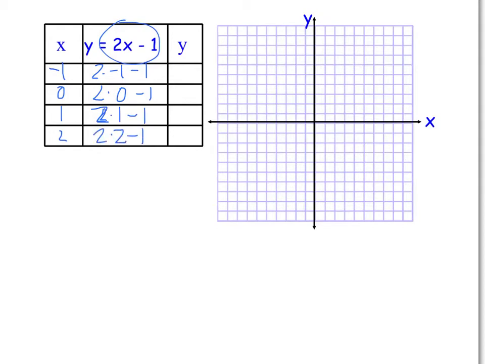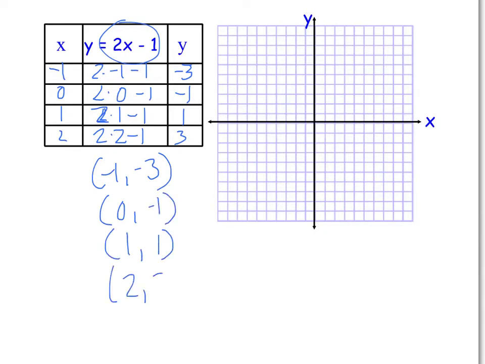So I'm going to do each problem. I get negative 2 minus 1, which is negative 3. 0 minus 1 is negative 1. 2 minus 1 is 1. And 4 minus 1 is 3. Alright, so you can see how I can put the x and the y together, and I get (-1, -3), (0, -1), (1, 1), and (2, 3).